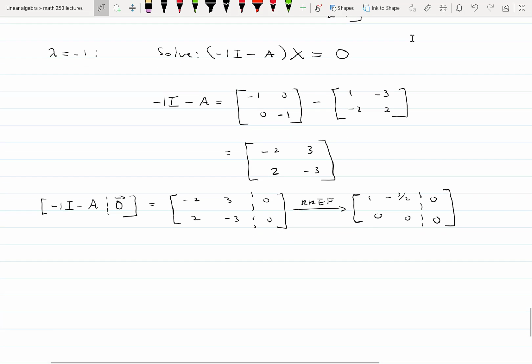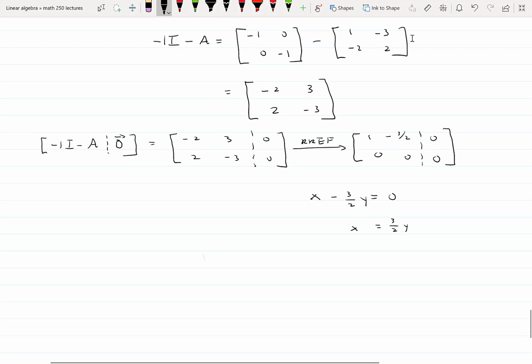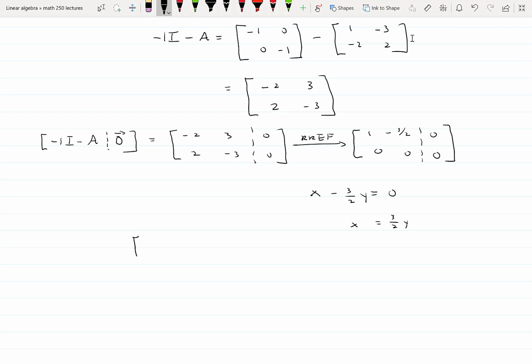Okay, so that tells us that x minus 3 halves y equals 0, where y can be any real number. So x equals 3 halves y. And that gives us that our eigenvectors now look like the column vector 3 halves y, y.